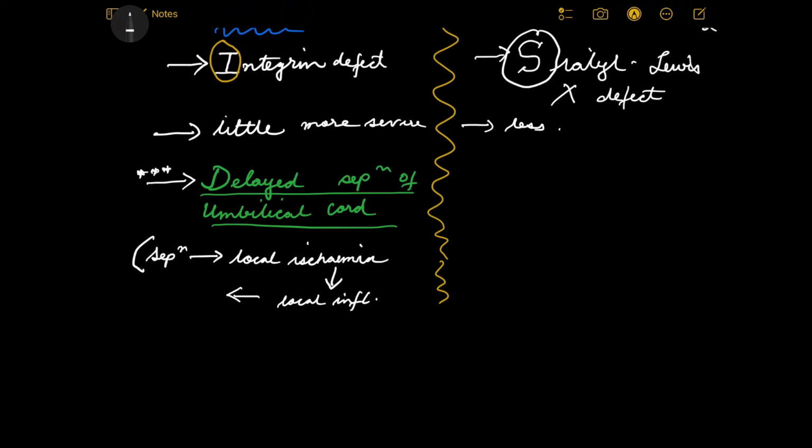So due to the integrin defect there will be fewer WBCs reaching the site of inflammation, which in this case is also the site of local ischemia where the separation is happening. Fewer WBCs means the inflammation process would take longer, the ischemia would take longer, and the separation will take longer.